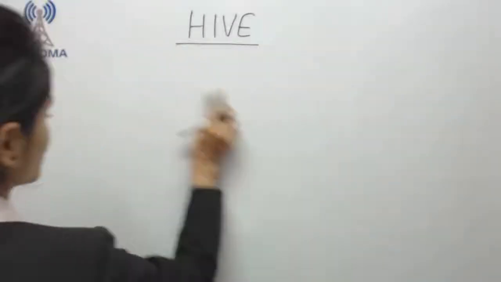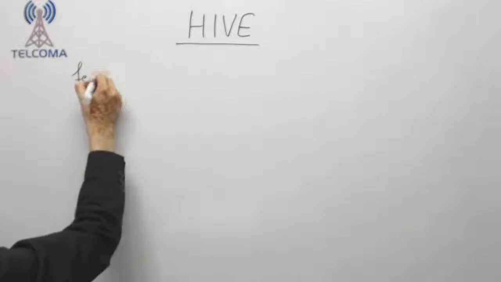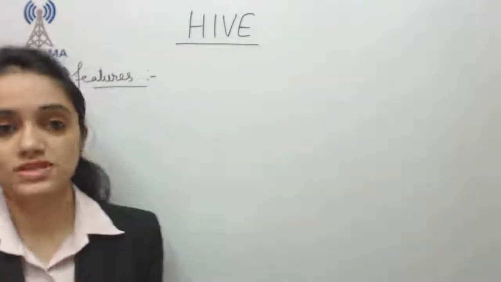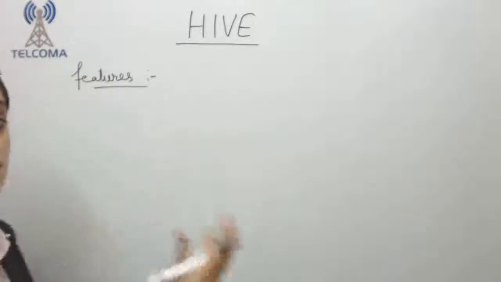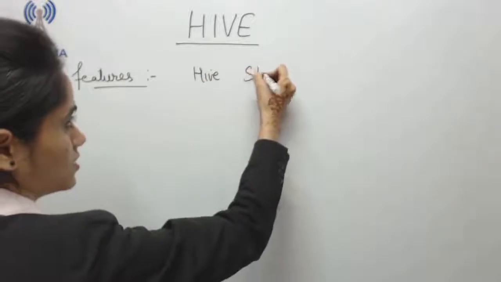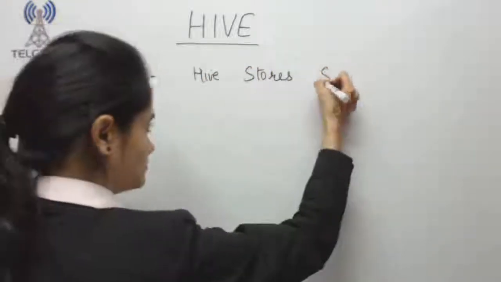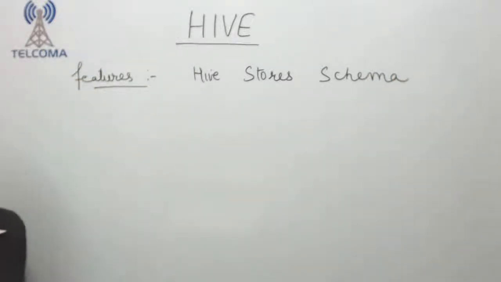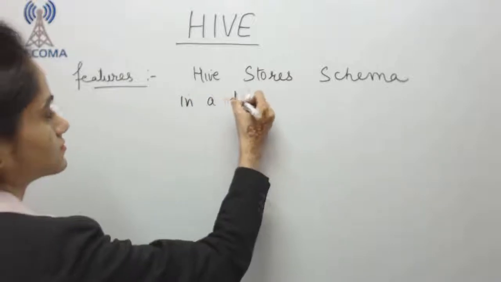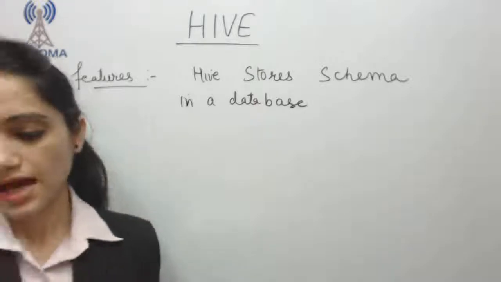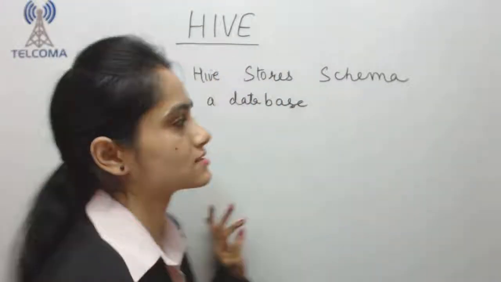Now let's discuss what are its features. Hive features. Now Hive basically stores schema in a database and processes data in HDFS.